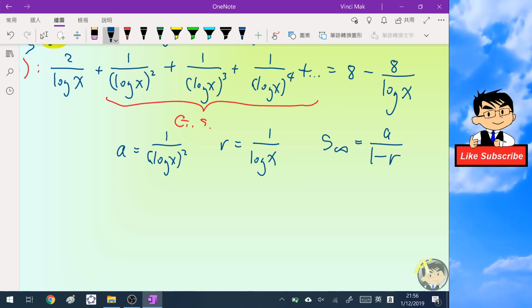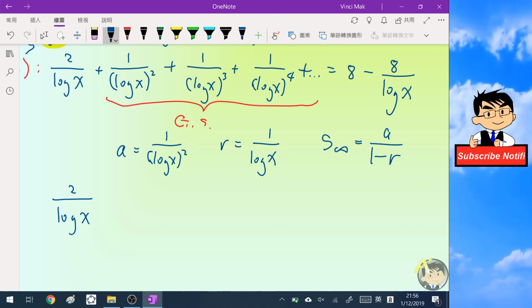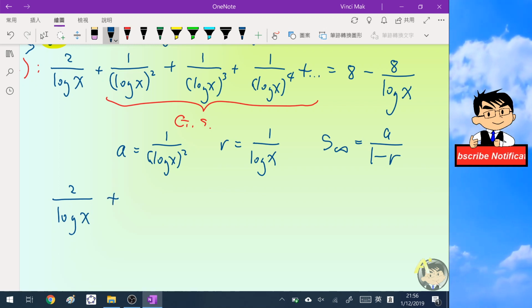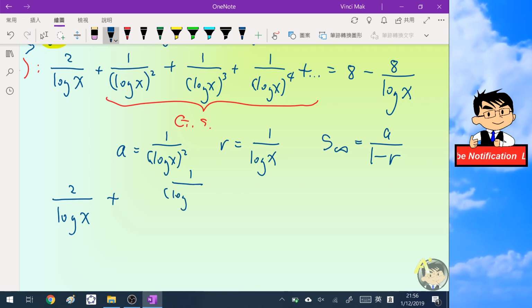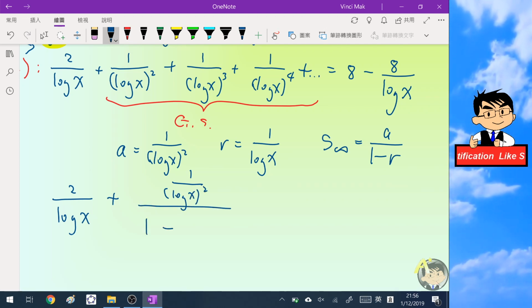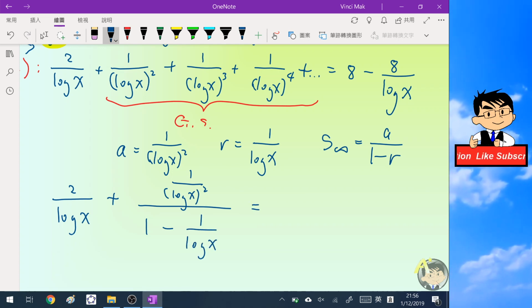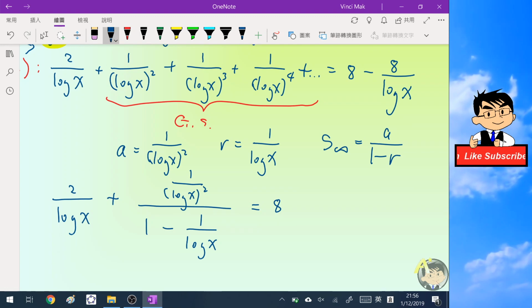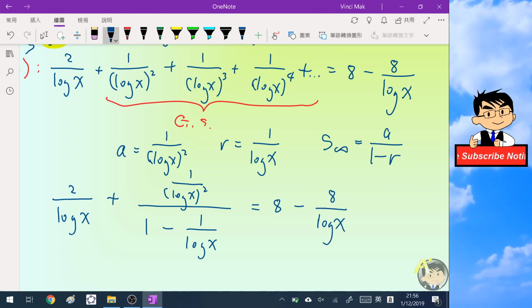So we can simplify the left hand side further. The first term is 2 over log x plus a, which is 1 over log x whole square, over 1 minus the common ratio 1 over log x, and it's equal to the right hand side x minus x over log x.